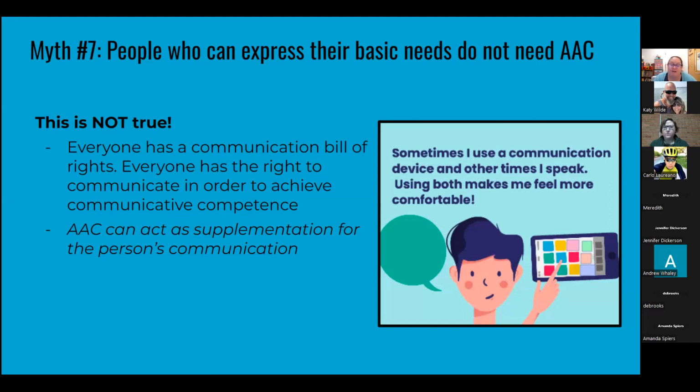We want to provide those systems so everybody has that ability to communicate all day long. We have students who can say 2 and 3 words together, but when they're given access to the high tech, they're making 4 and 5 word sentences that are complete and grammatically intact. It's really amazing to see what our kiddos can accomplish when given the right tools.